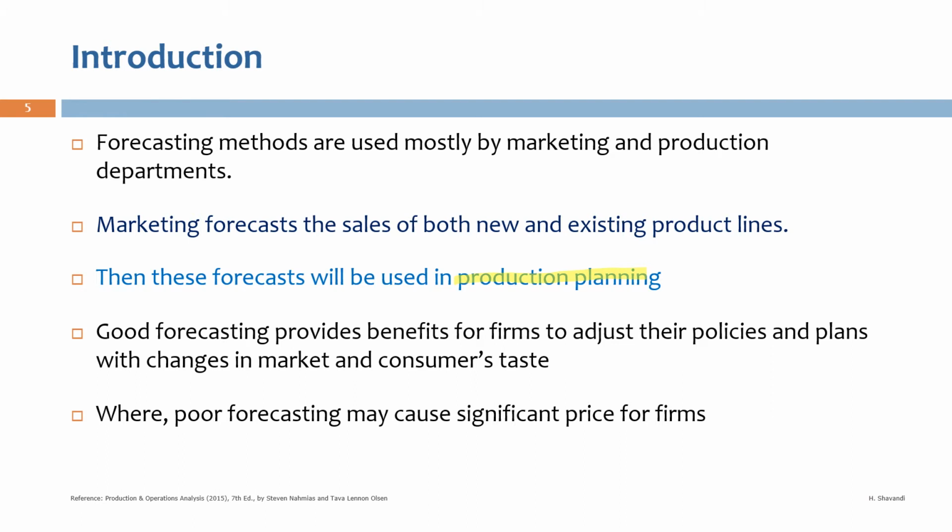And we know that a good forecasting will provide benefits for the firm, because a firm can get prepared for future by anticipating the changes and the volume in the future. But poor forecasting will cause significant price for firm, because firm cannot be ready for changes in the future.